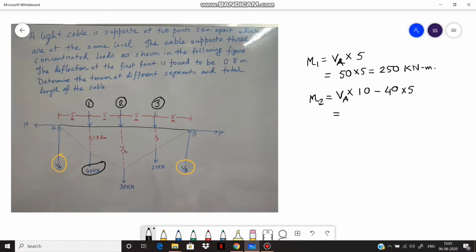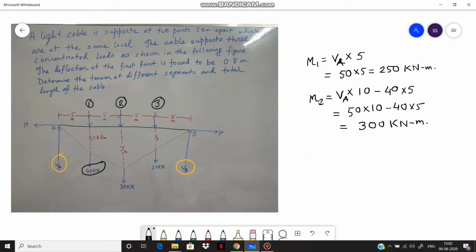We get the value of moment with respect to point 2, that is 50 into 10 minus 40 into 5. So calculating, we get the moment about point 2 is 300 kilonewton meter.